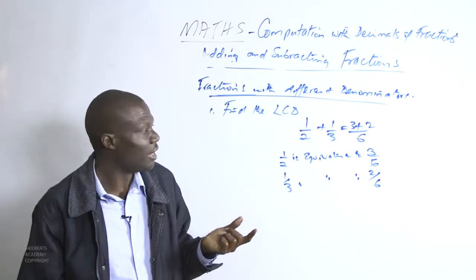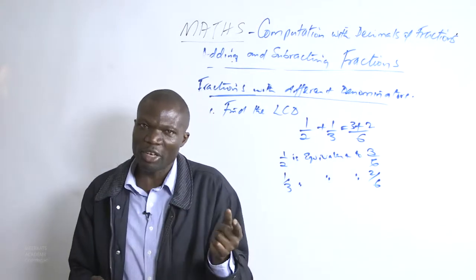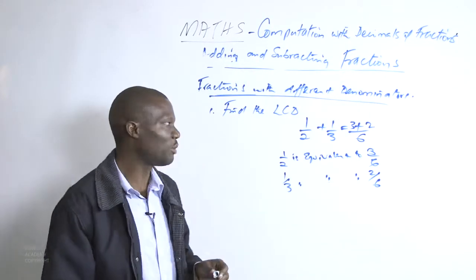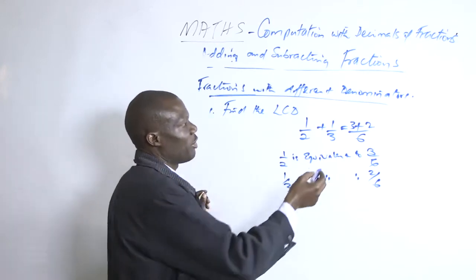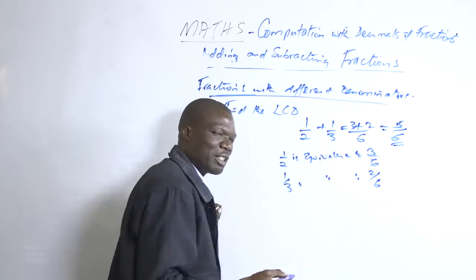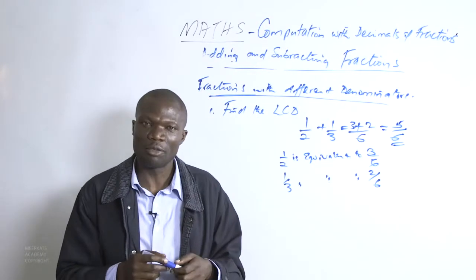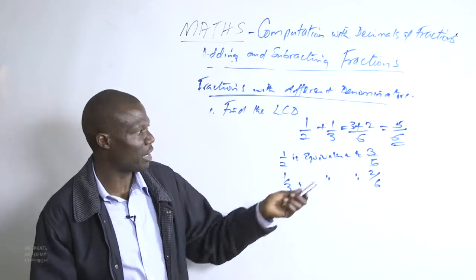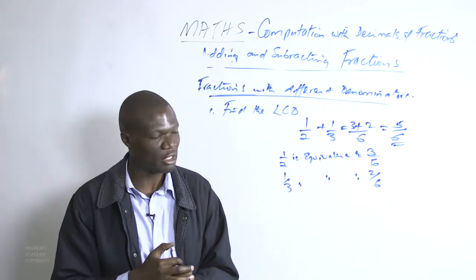That is true. So we have gone in for equivalent fractions to be able to simply add fractions with different denominators. And that's why now when you add this, you get 5/6. Now 5/6, we look at it keenly. As a fraction, it must always be in its simplest form. This one is already in its simplest form.